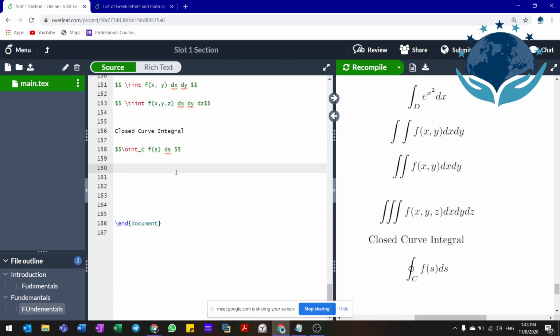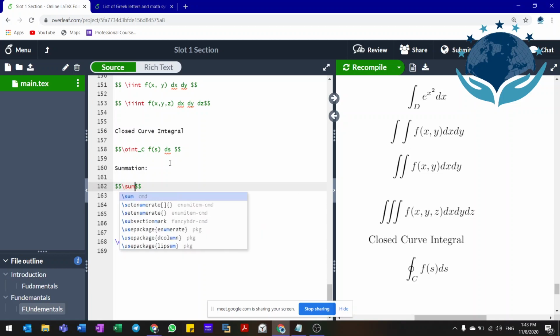We know that the integral is the sum of very minute things, right? So what happens if you go for the macro sum, which is nothing but the summation? To use a summation, which is the sigma symbol I am talking about, you can use the keyword slash sum.